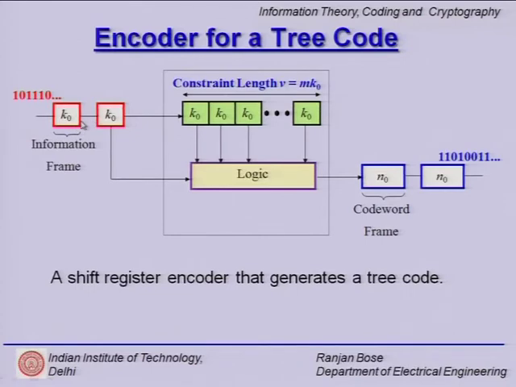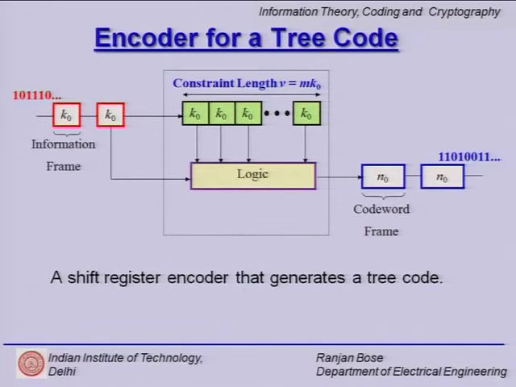My k naught can be as small as 1, it could be 2, 3, 4, but whatever it is, we break the input into frames of size k naught. Now, this dotted block is the encoder. It has two components: the memory, which is the shift register, and the logic. Logic is pretty much a set of XOR operations.